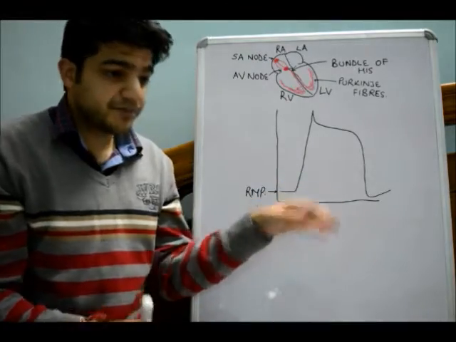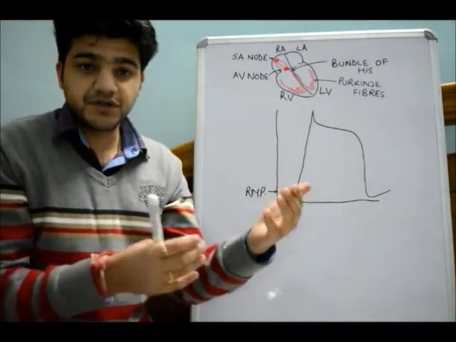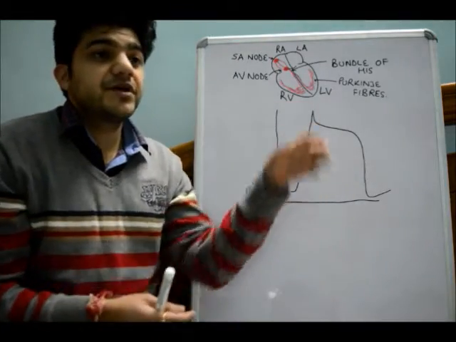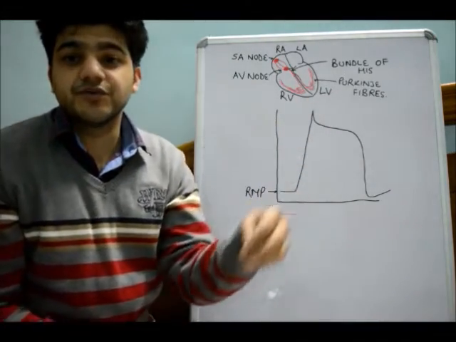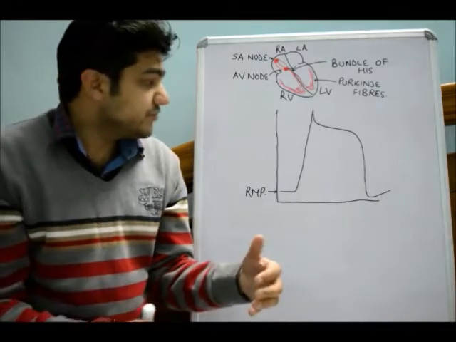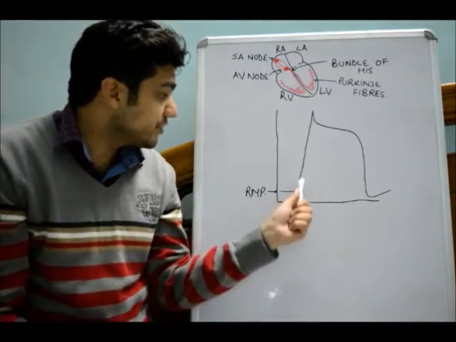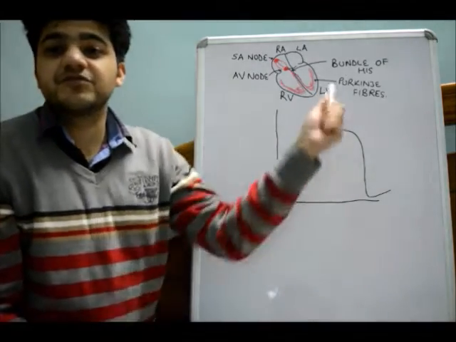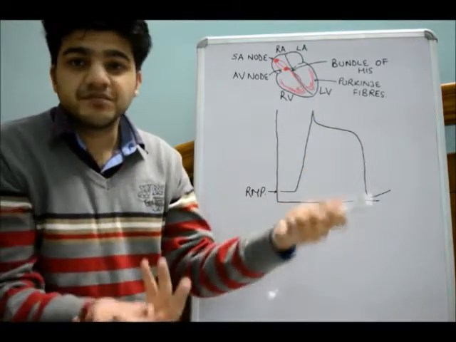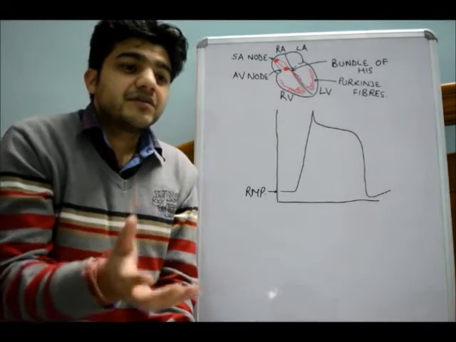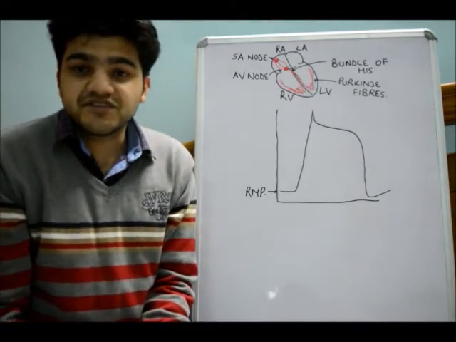When they open up, the Nernst equation for sodium is plus 65 millivolts. So there will be a rapid entry of sodium into the cell, which leads to a rapid change in the potential. So the potential goes upwards towards the positive side, meaning it gets depolarized. Now the sodium channels are called fast channels.